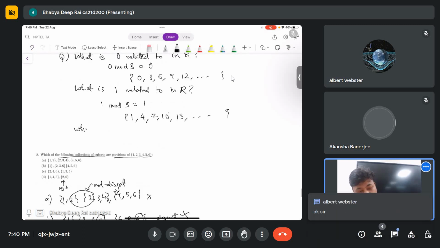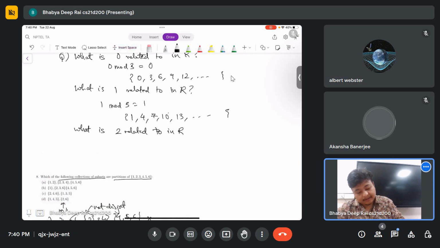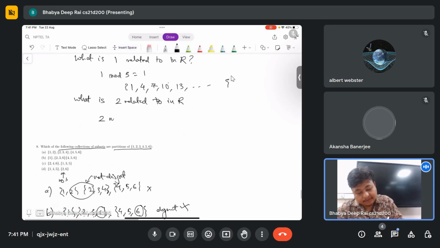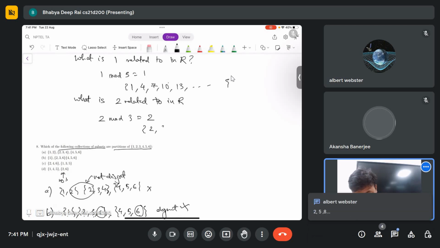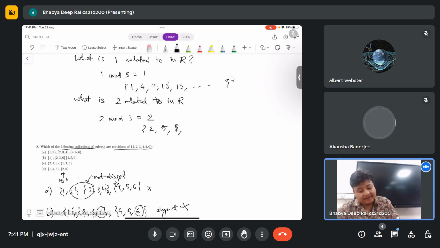And finally, what is 2 related to in R? So let me see. 2 mod 3 equals 2. So 2, 5, 8, 11, and so on.